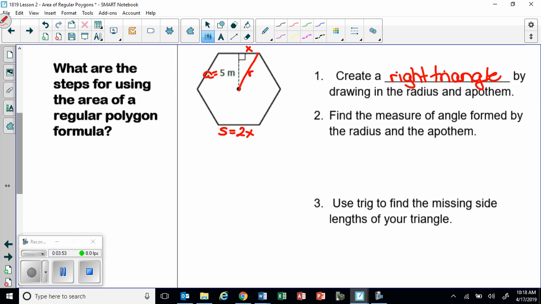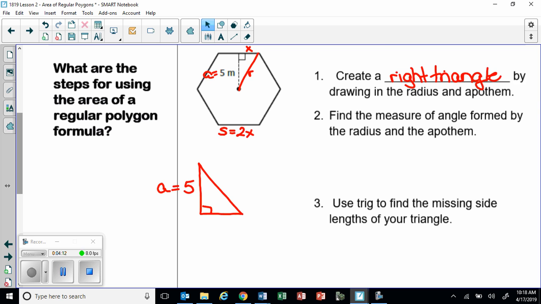I also labeled everything while I was doing it. I always pull this right triangle out so that I can see it more clearly. In this case, my apothem is 5, and that's all I know so far.